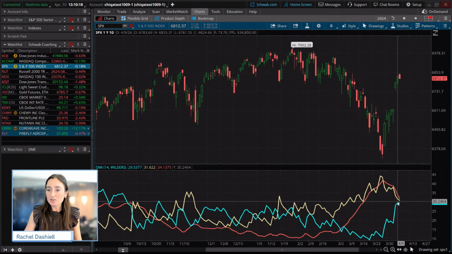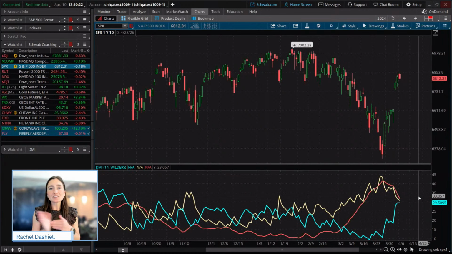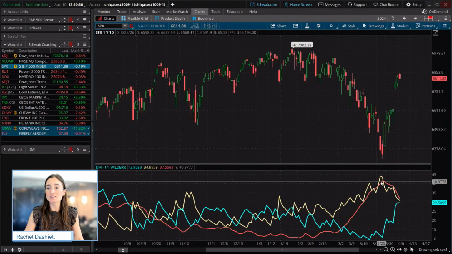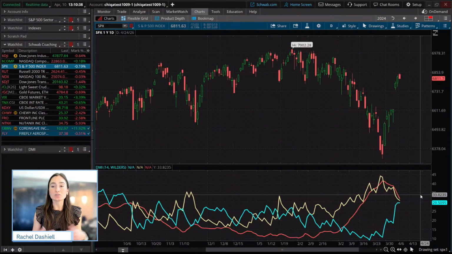Those indicators are getting pretty close to crossing, but you haven't seen that cross of negative directional movement and positive directional movement yet, which tells us that based on the ranges we're seeing, it's not necessarily in an uptrend yet. So this tells us that the trend is still down in this case for the longer term.